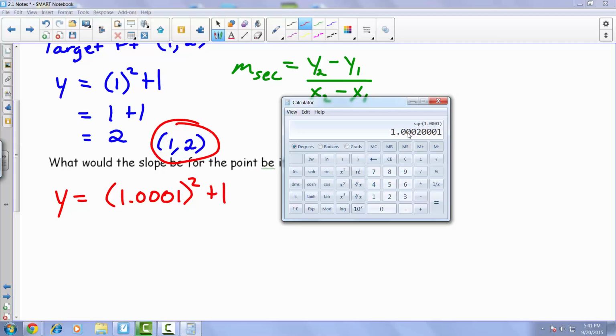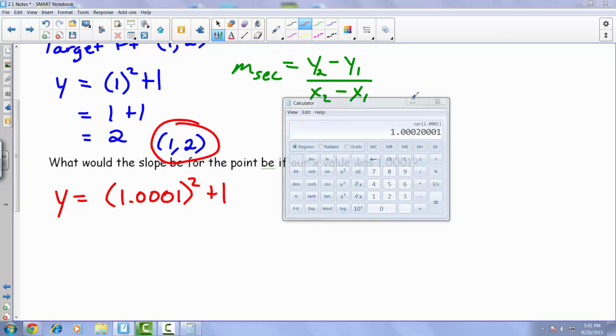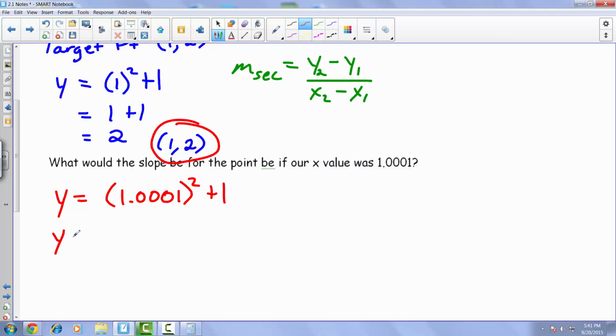1.0001 squared comes out to 1.00020001. But then we also have to add 1 to that.